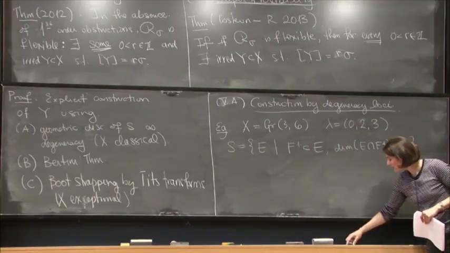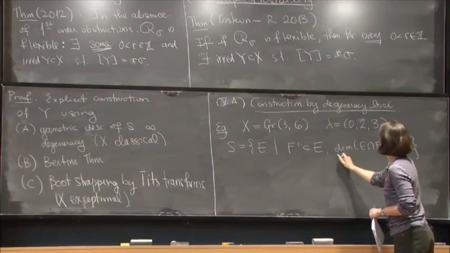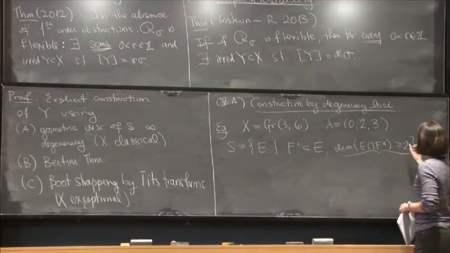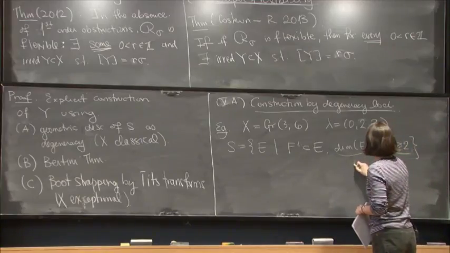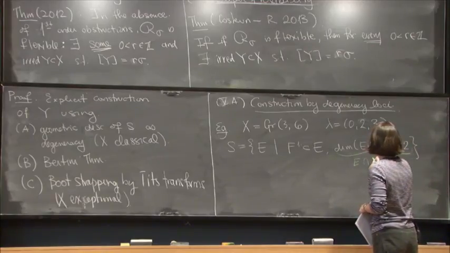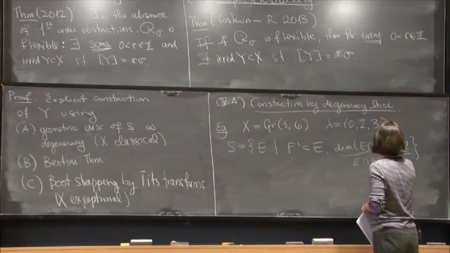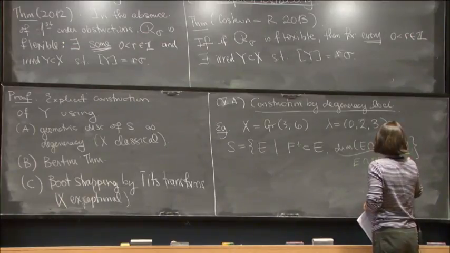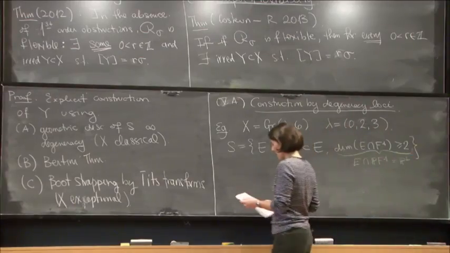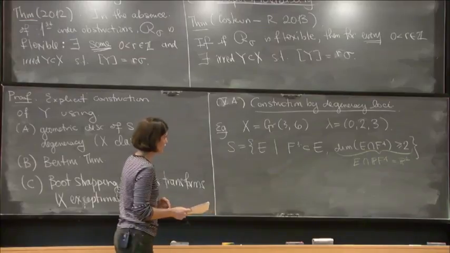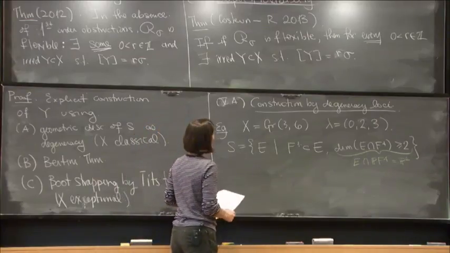And one way to think about this statement is that at least for a generic element of the Schubert variety, we have the intersection of E with P F4 is a P1. Something looking a lot like that will show up in a moment.